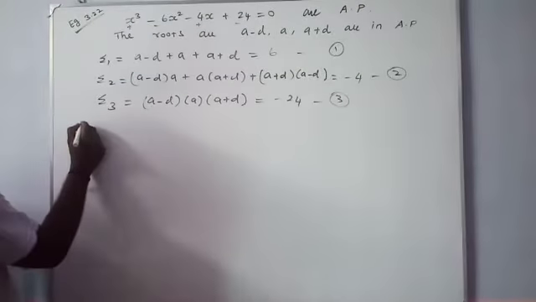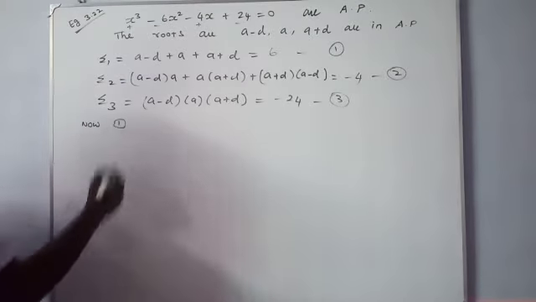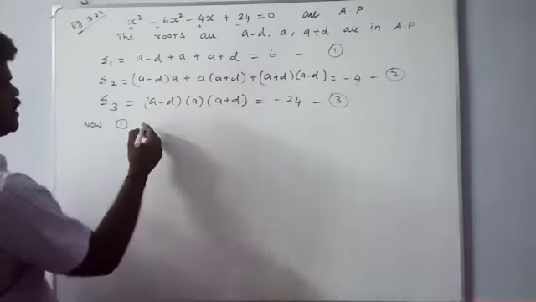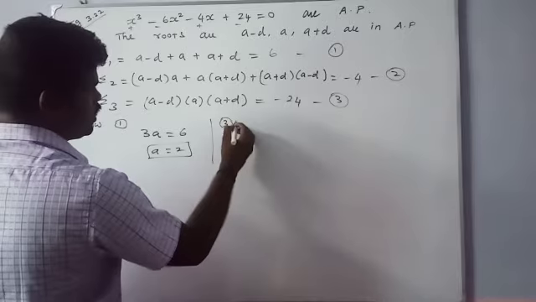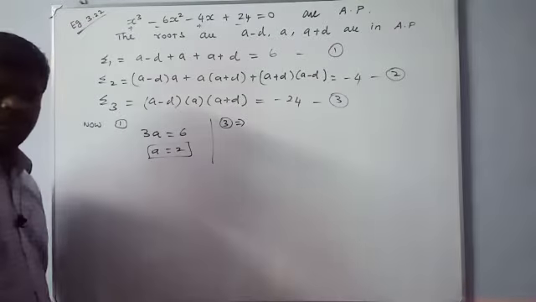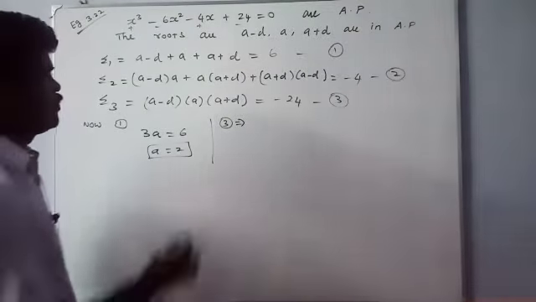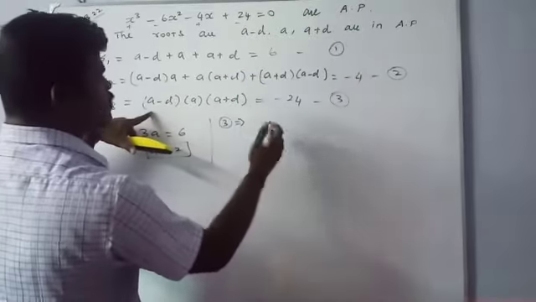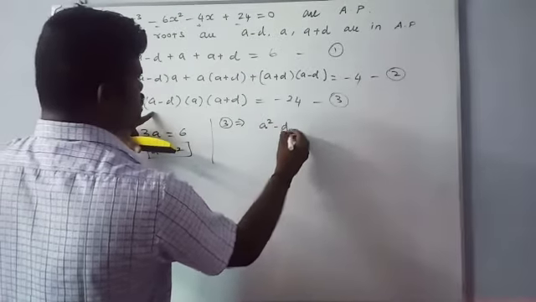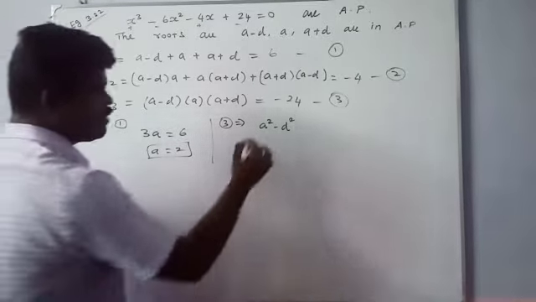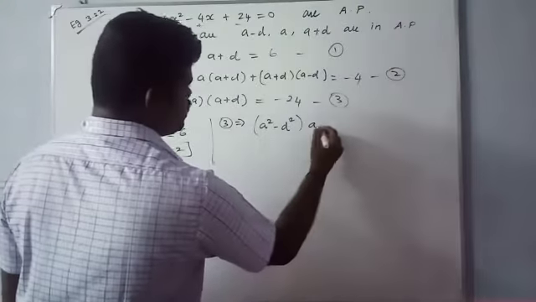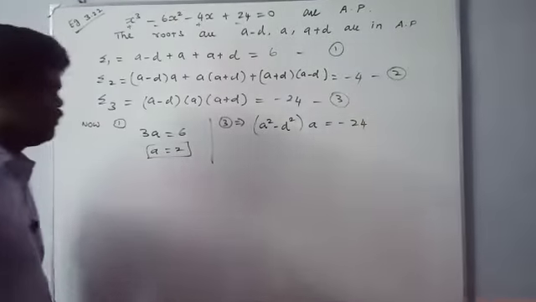Now the first equation implies that, cancel minus d and plus d, 3a equal to 6. Now a equal to 2. And the third equation implies that, which one is easy, so we can use this equation. A minus d into a plus d means a square minus d square, into a equal to minus 24.